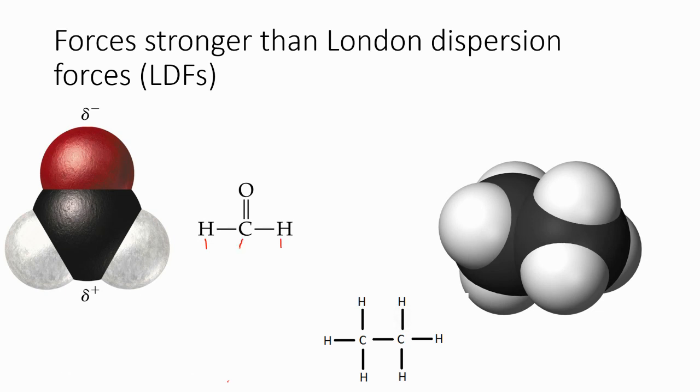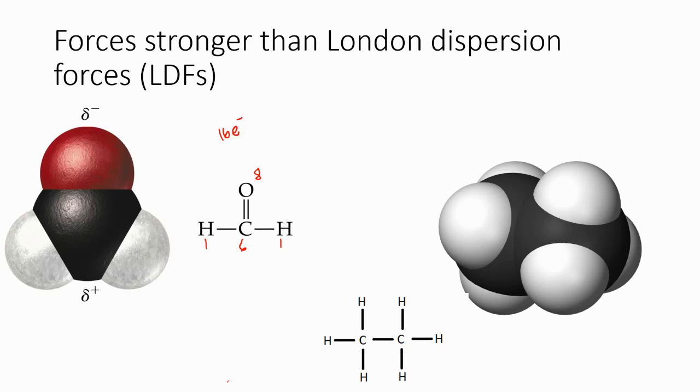There are 6 electrons total in a carbon and 8 in an oxygen. So you add those up and you get 16 total electrons.